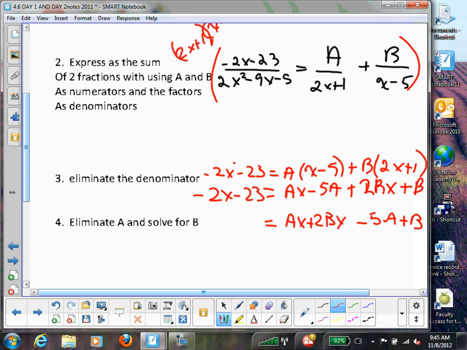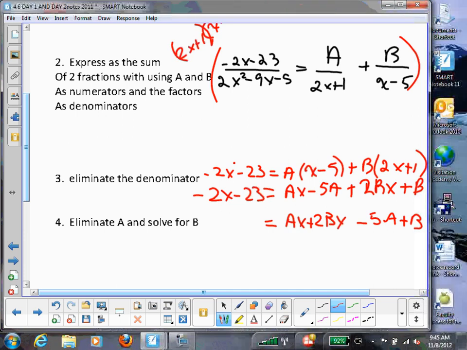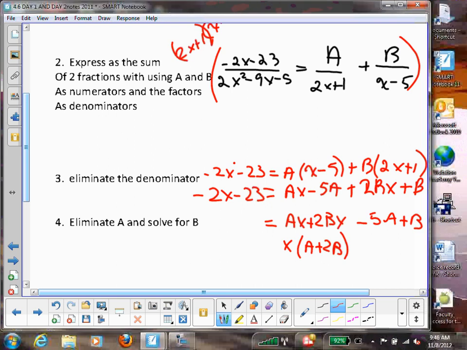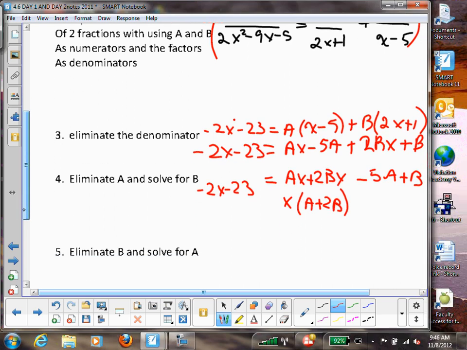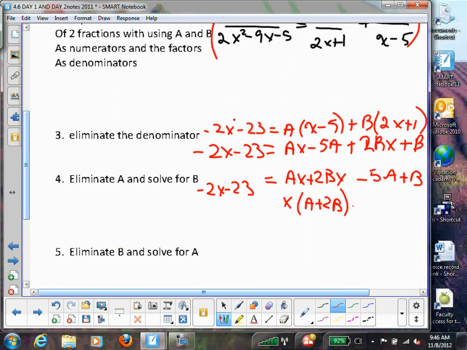So then I'm also going to say that this is the same thing as x times a plus 2b. Would you agree? All I did was pull out my x. Yes.